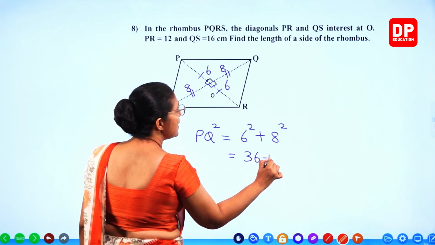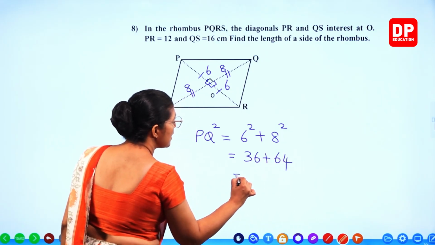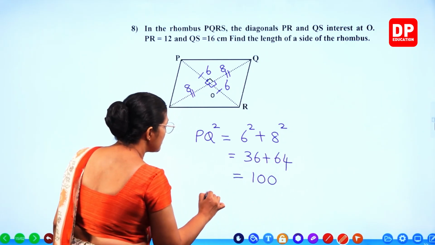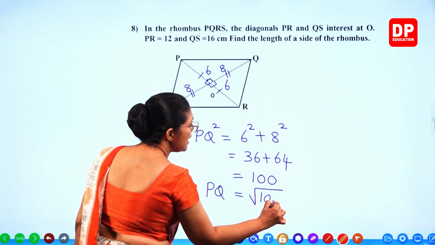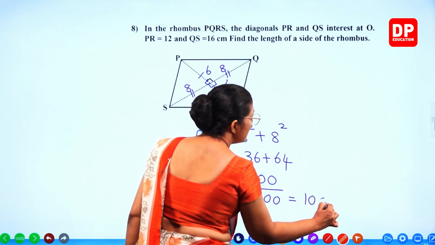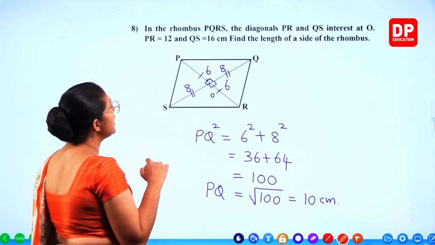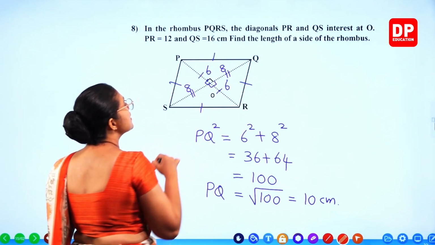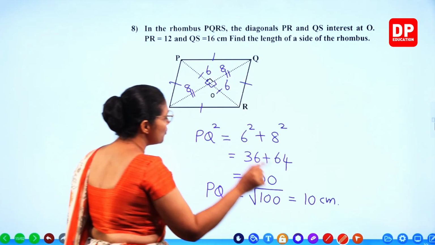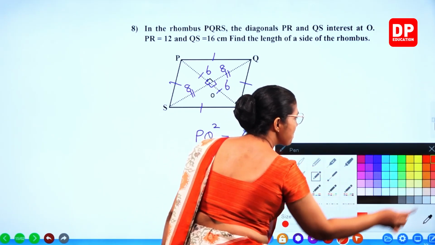That's 36 and 8 squared is 64. You get 100. When you take the square root, you get 10 as the side of the rhombus. That's PQ. So all these sides are equal in a rhombus. So you get 2 marks for that.